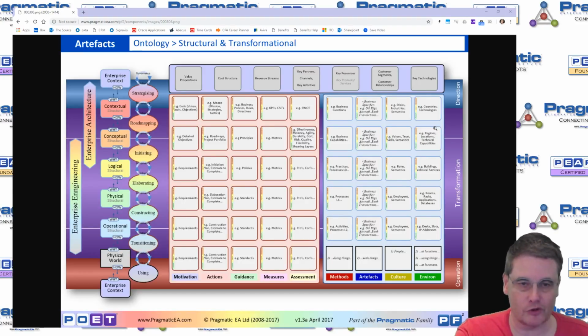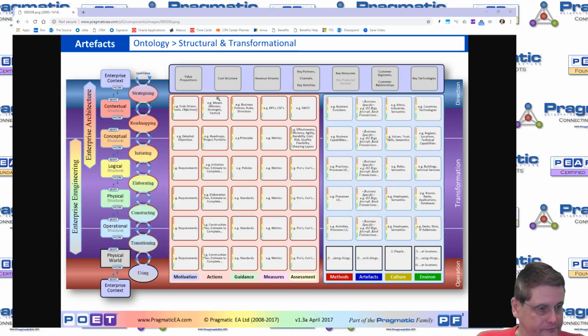Parts of that structural roadmap are passed down to the projects, along with principles, metrics, and the detailed objectives that flow from the business strategy that are for the scope of that project. I hope that answers the question. If it doesn't, please feel free to ask it again.